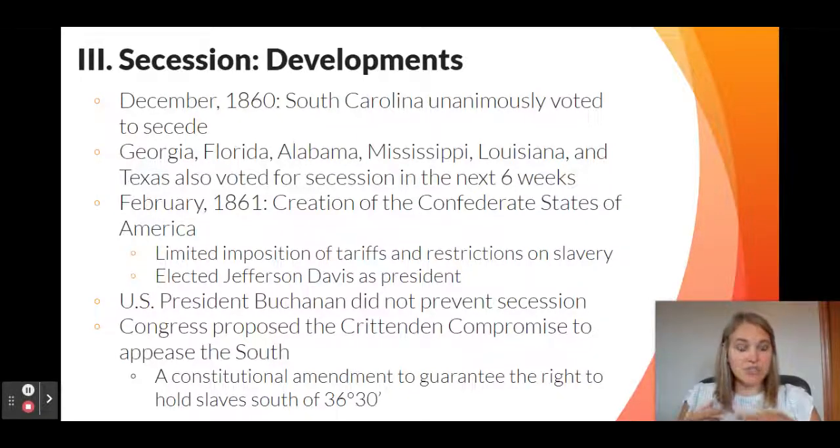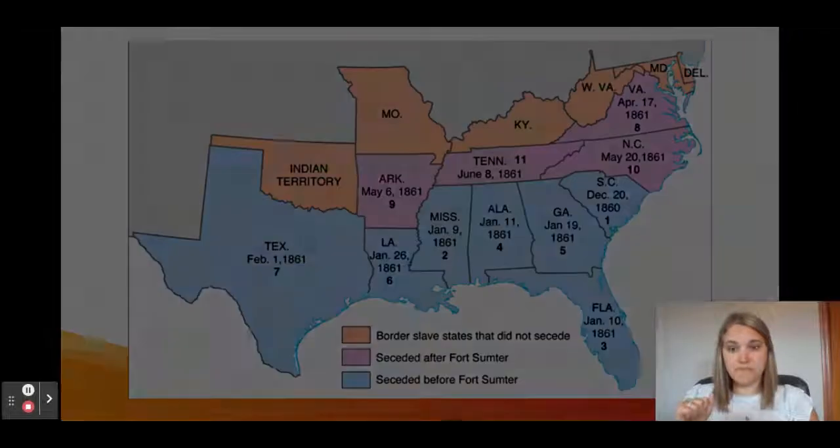Congress, on the other hand, tries to do things to keep the South from seceding, and they proposed the Crittenden Compromise, which would have been a constitutional amendment which would have guaranteed the right to hold slavery above the Missouri Compromise line. So not only in the Western Territories, but also in the land in the Louisiana Purchase that had previously excluded slavery. Lincoln, however, said that he would not support this amendment if it was voted on in Congress.